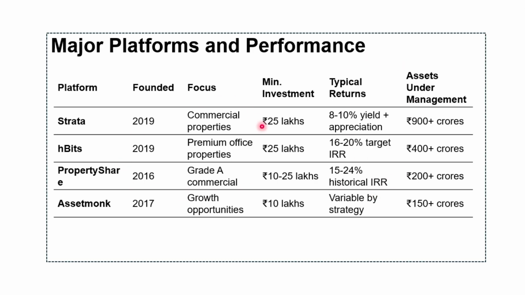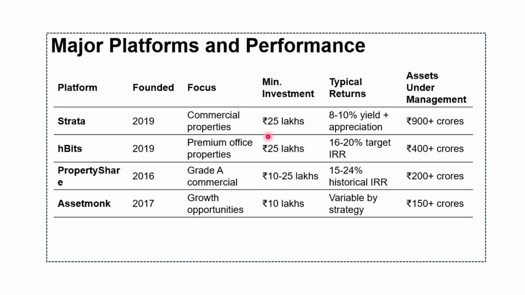So this is basically the snapshot of, for example, Strata. We said Strata has commercial properties. Then Edge Bids is looking at premium office properties. Property Share would be looking at grade A commercial, and Asset Monk is looking for different growth opportunities. And then minimum investment also, you can see that at least 10 lakh is required by all of them, and that is the case with SM REIT also.